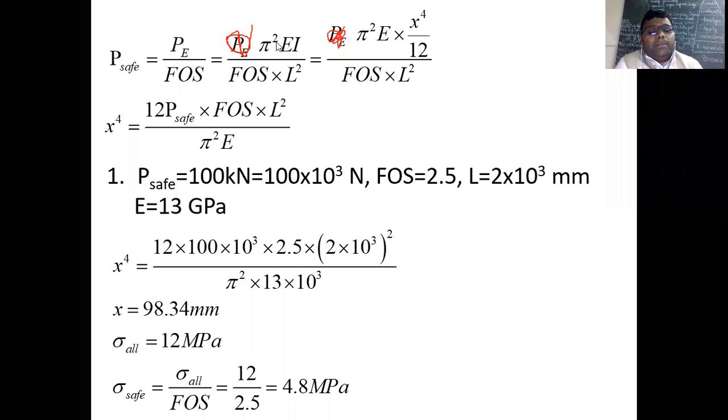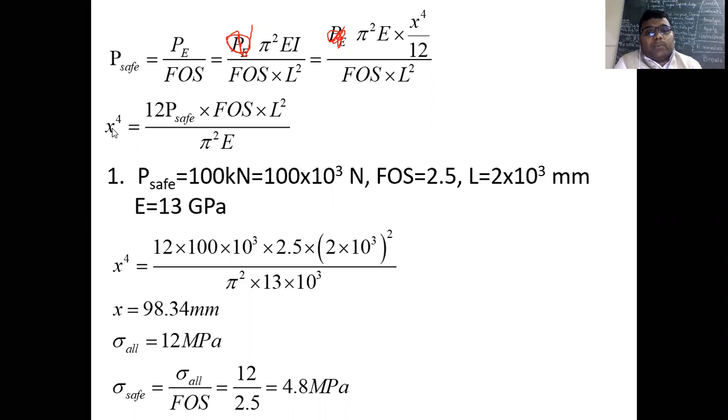So this is P = π²EI divided by factor of safety times L². Just replace the value of I by x⁴/12, and put in all the values. We have to calculate this value of x, so we can write the above equation in terms of x.